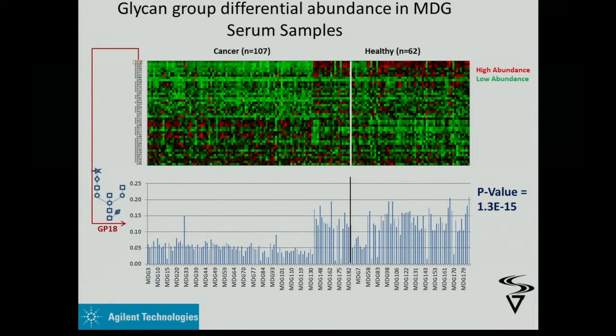Okay, so we can measure serum glycans, and we can maybe say that they could be potentially good biomarkers.